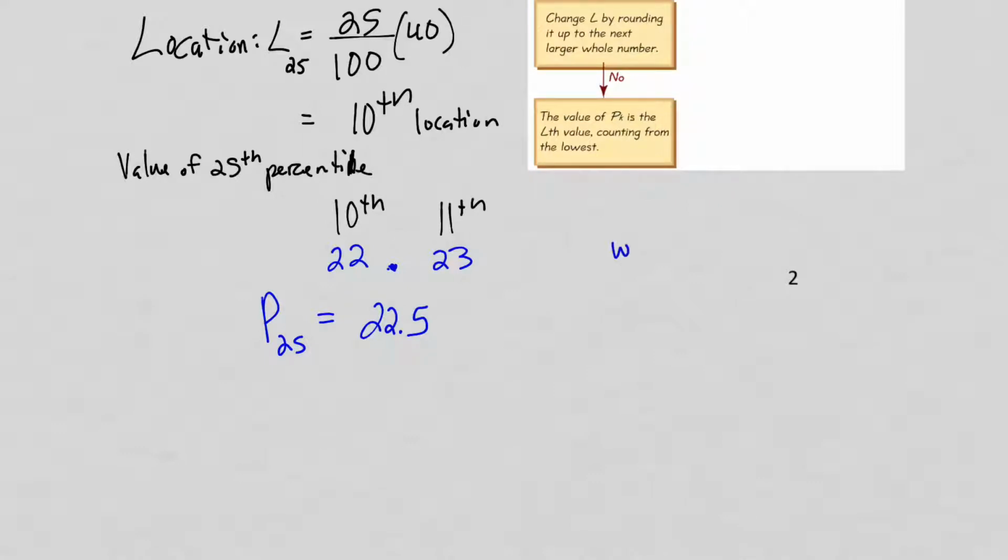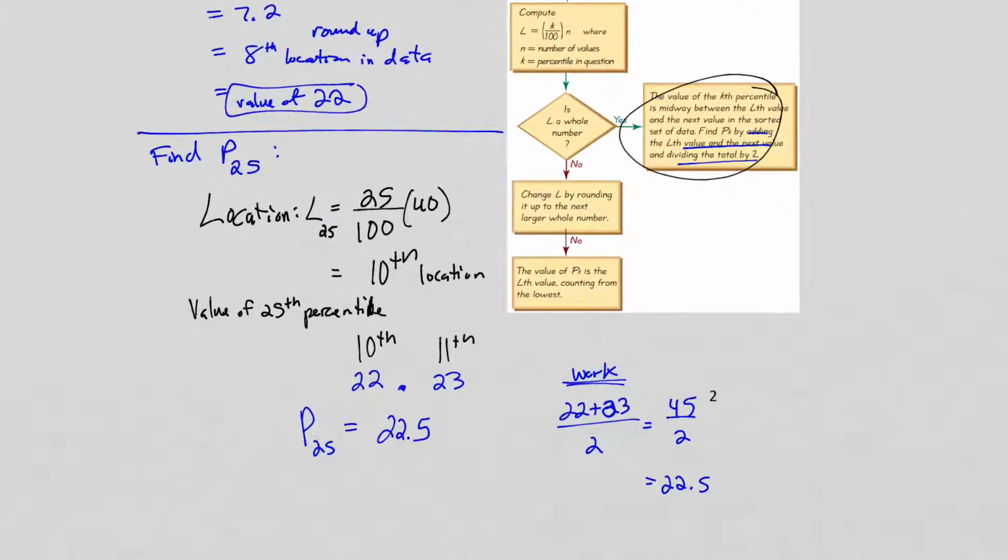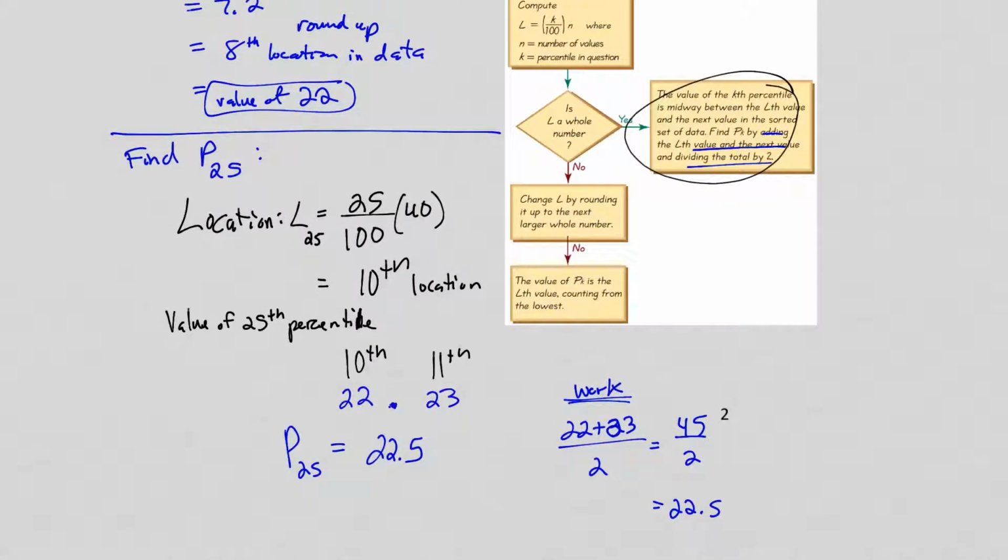Here's the work for that, if you want to see it. 45 divided by 2 is 22.5. So that kind of wraps up page 2.